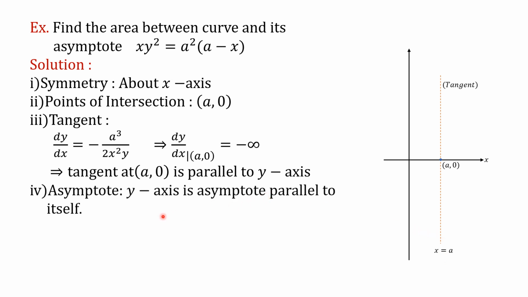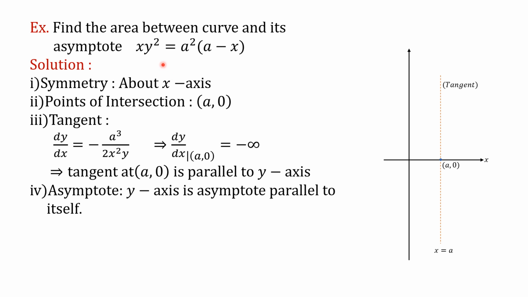Next, asymptote. To obtain the asymptote, we have to observe the coefficients of highest degree terms in x and y. If we observe the coefficient of highest degree term in x, it is y square plus a square. That will give us imaginary equation and hence there will be no asymptote parallel to x-axis.